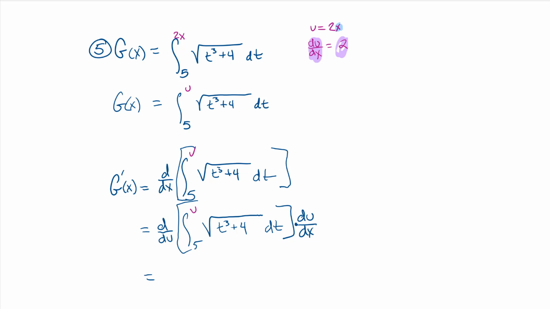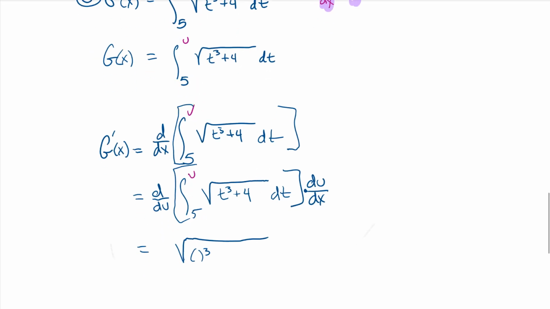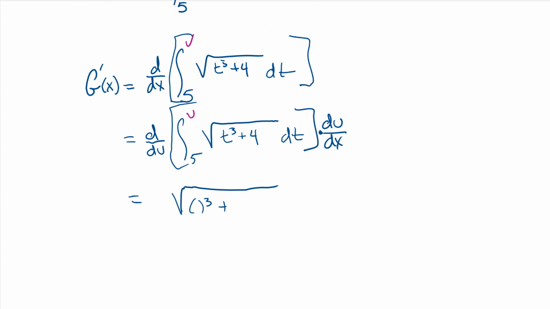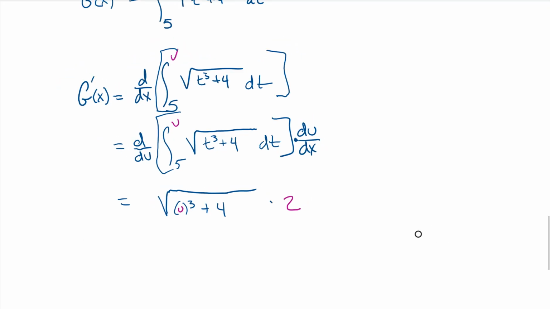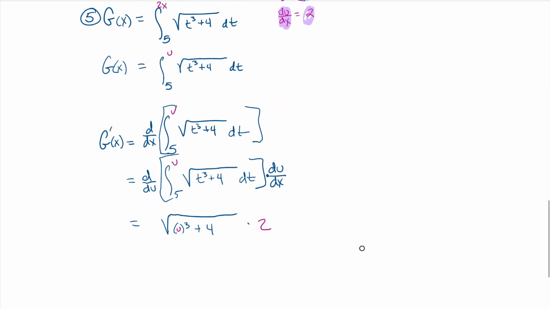So now we can punch all our stuff in, and we find out that we get the square root of something cubed plus 4 times our du, and our du dx is equal to 2, and that something we're going to pop in is u. We just filled it in. Right?